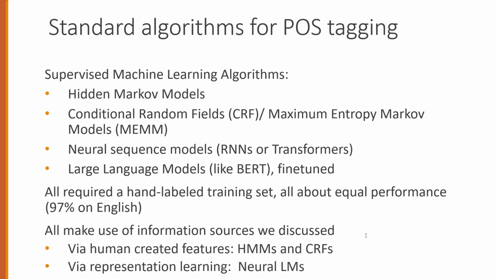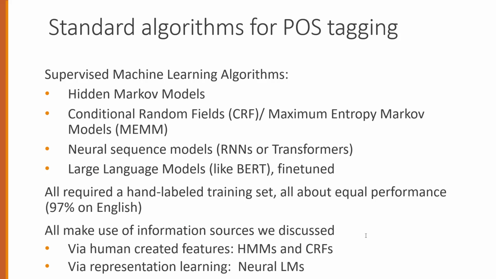POS tagging can be done with classic supervised machine learning algorithms like hidden Markov models or conditional random fields, or with neural models. Either neural sequence models trained from scratch or large language models fine-tuned.